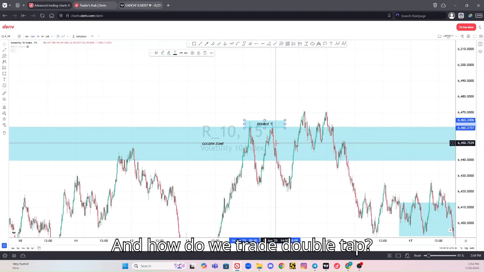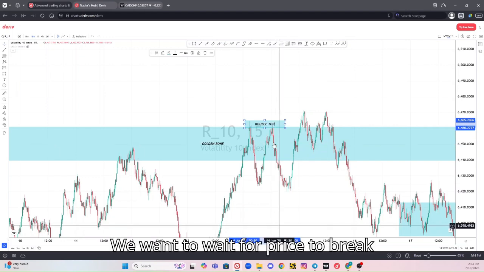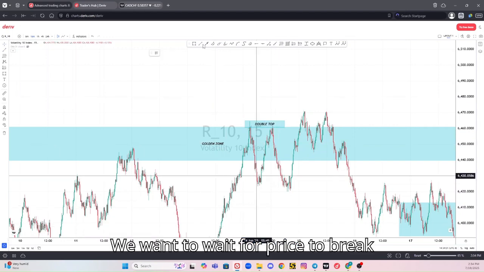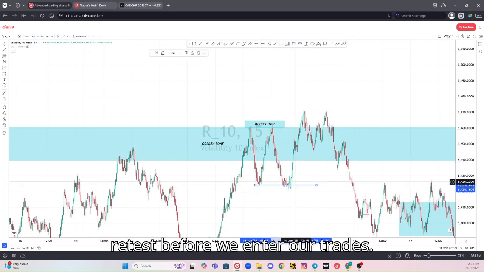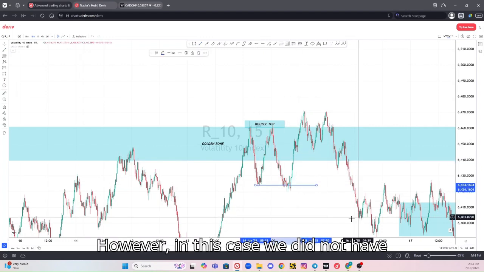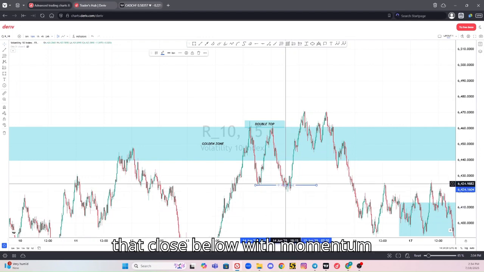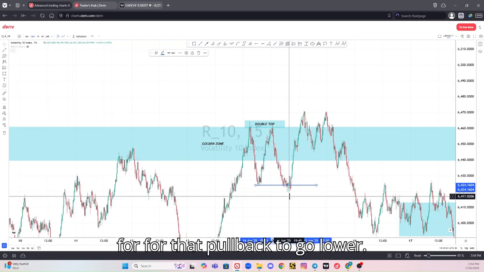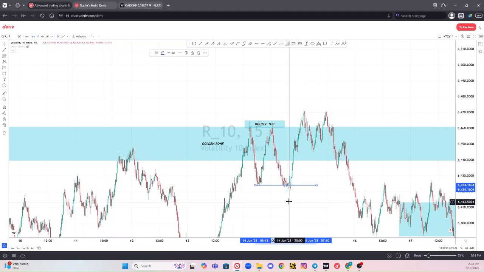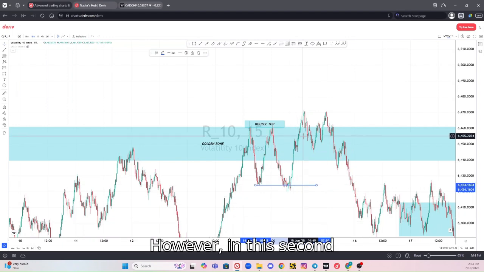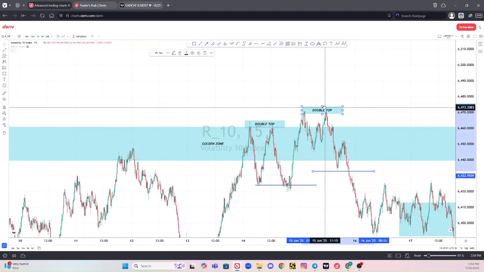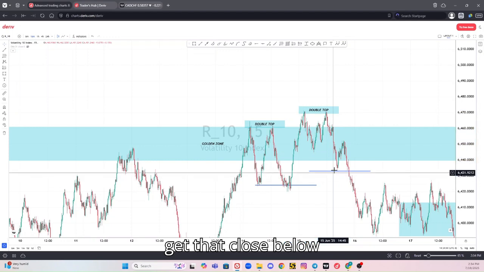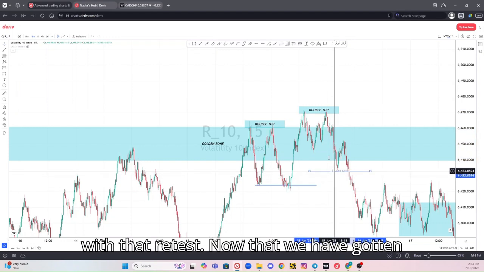And how do we trade a double top? We want to wait for price to break and close below the neckline, give us a retest before we enter our trades. However, in this case, we did not have that close below with momentum for that pullback to go lower. However, in this second double top, there is where we get that close below with that retest.